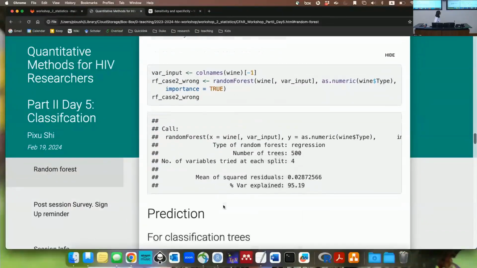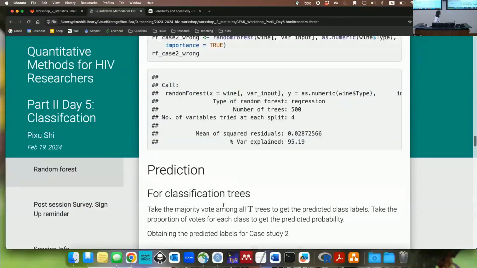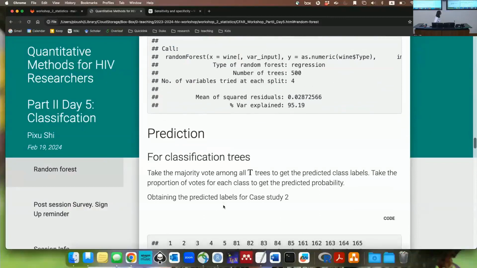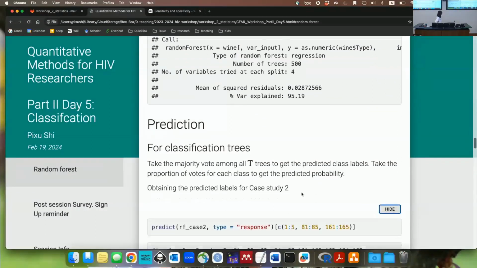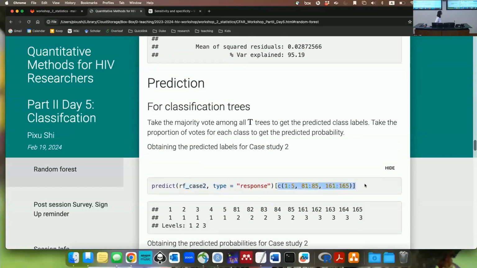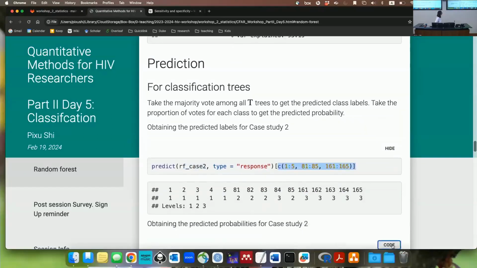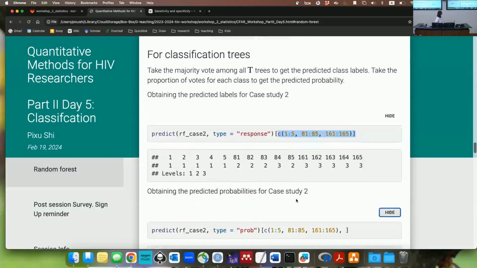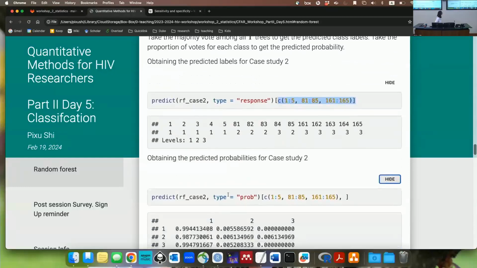And to do prediction for classification trees, like we said, we're going to use the majority vote for the corresponding leaf node. You can obtain that using the predict function again, with type equal to response for the random forest outcome. I'm just taking a subset of the samples to show you how the predicted labels correspond to the predicted probability.